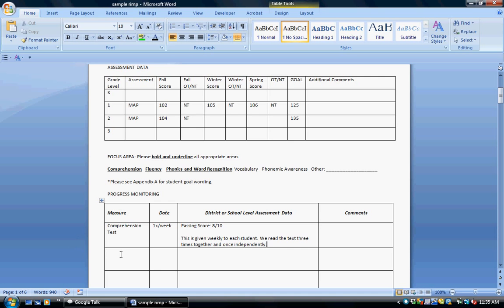I also know that he is on one of our websites. Got Headsprout, which is an intervention. Starfall can be an intervention. ABC Mouse can be an intervention as long as it's used with fidelity. Since he's so low, we're going to put him on Headsprout 2 times a week. He plays 2 times a week for 15 minutes each.